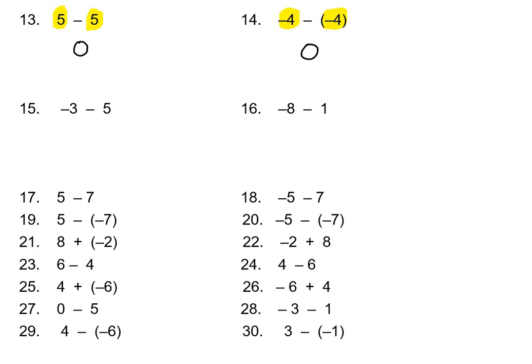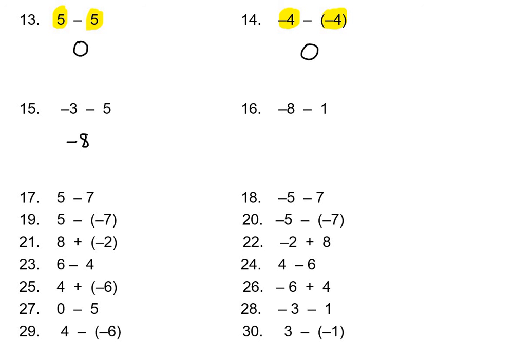Problem 15, again, we can look at this several different ways. If you look at it in terms of money, you can say, okay, I've got -$3 in my checking account balance, then I take away another 5, so now I'm down at -8. You could think of it in terms of temperature. I'm 3 degrees below 0, and then the temperature drops another 5, so now I'm 8 degrees below 0.